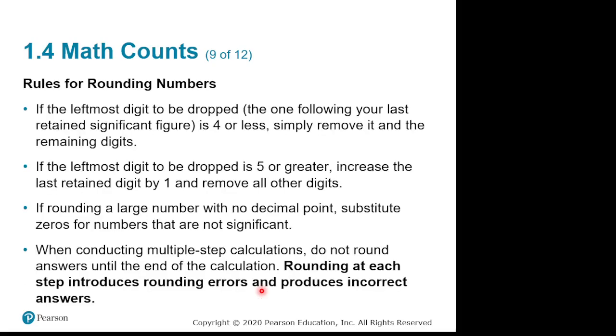Okay. Now, let's talk about the rules for rounding. If it's 4 or less when you're trying to round, you're going to round down whenever you do these arithmetic operations. We had our degree of uncertainty here, which is this one right here. We then added this number right here.